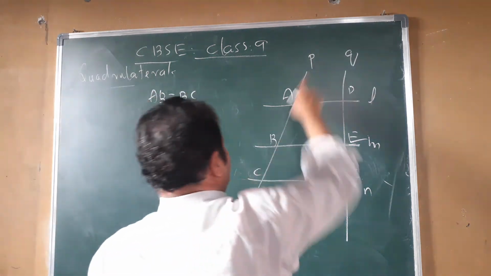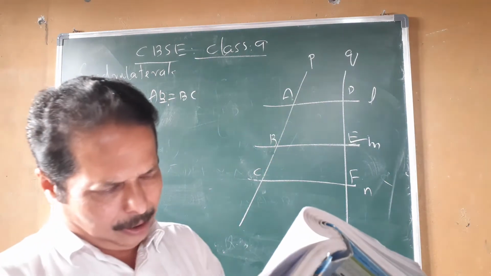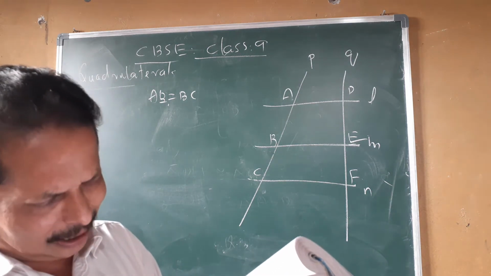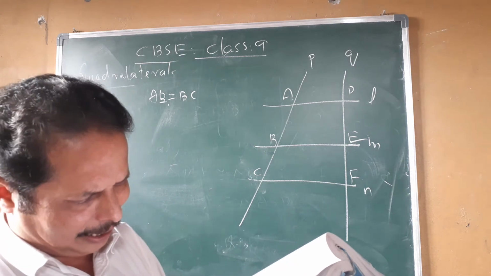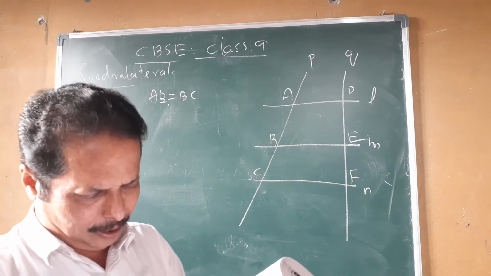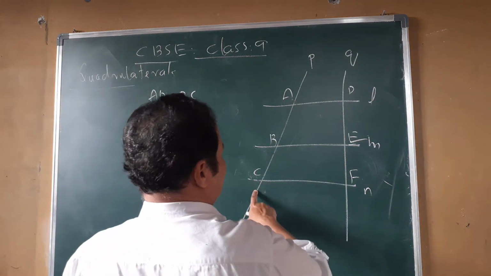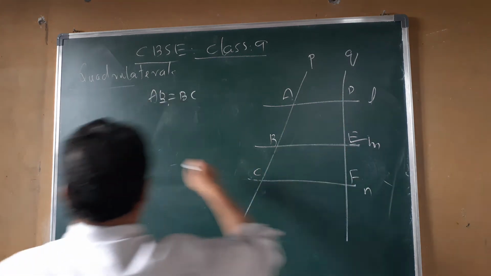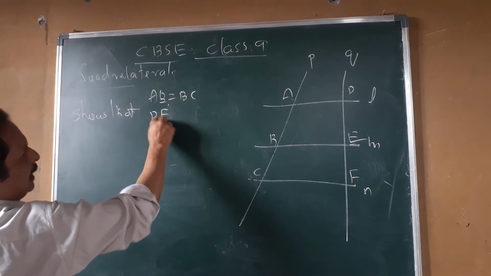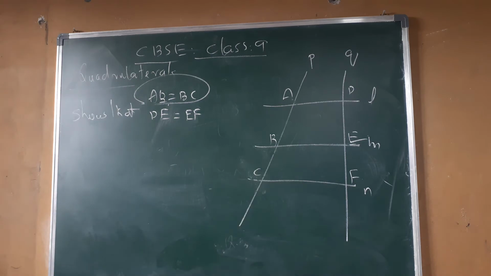The line P intersects at A, B, C such that AB equal to BC. So that L, M and N cut off equal intercepts at D, E and F also. That is DE also equal to EF. It is given AB equal to BC. We want to prove that DE equal to EF. This is the given data. We want to prove DE equal to EF.